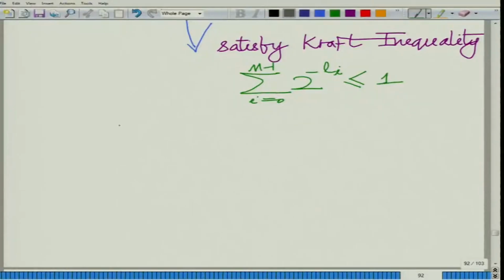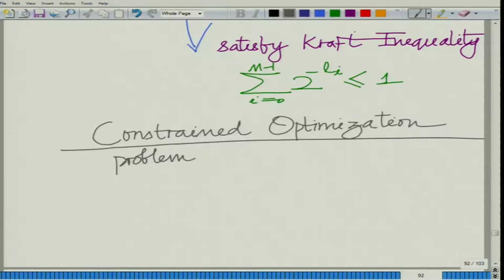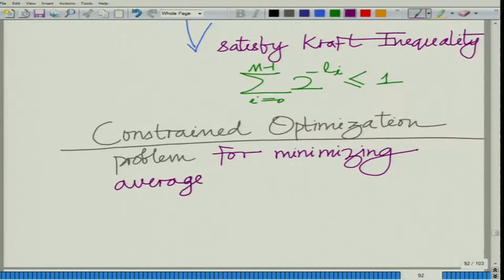So that is the key word here, this is a constrained optimization problem.